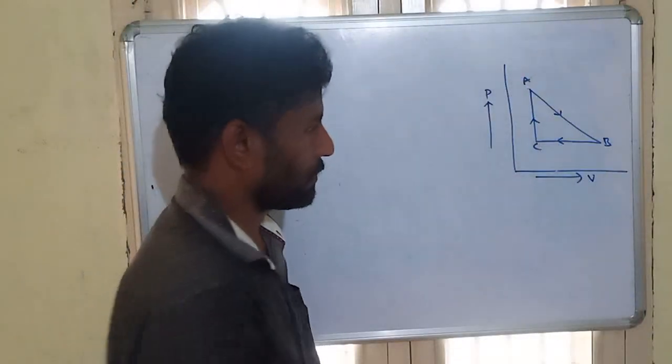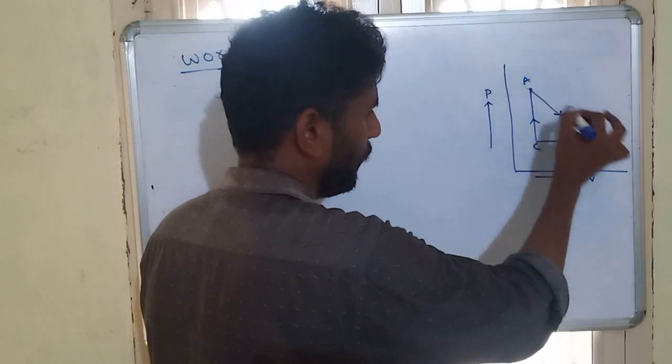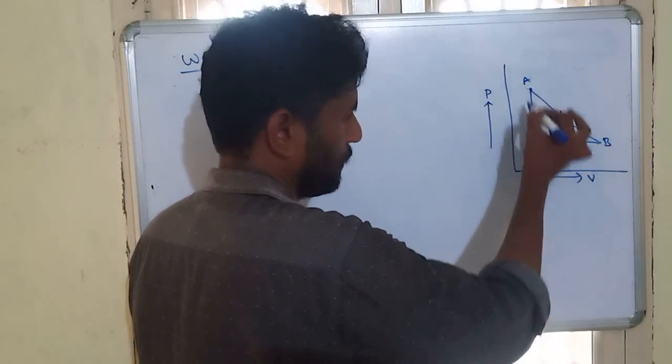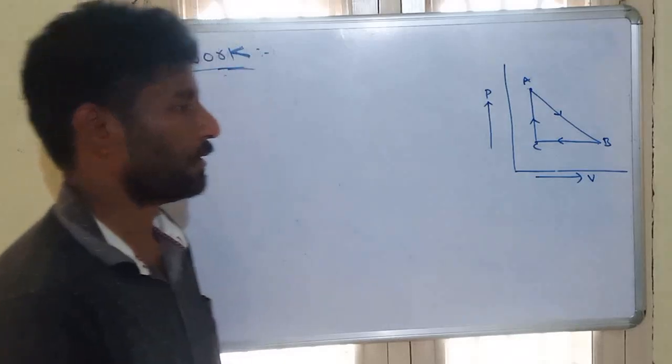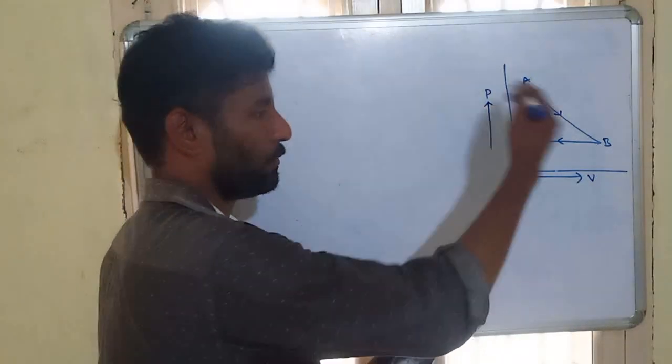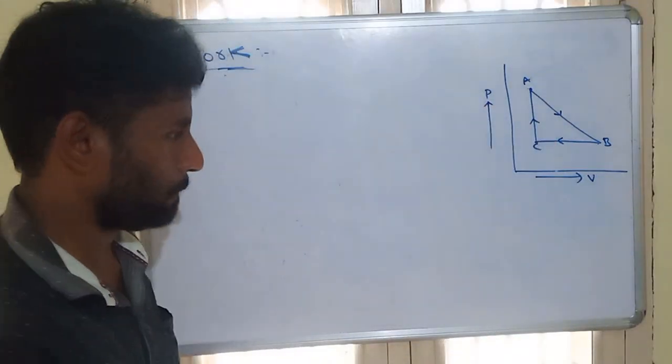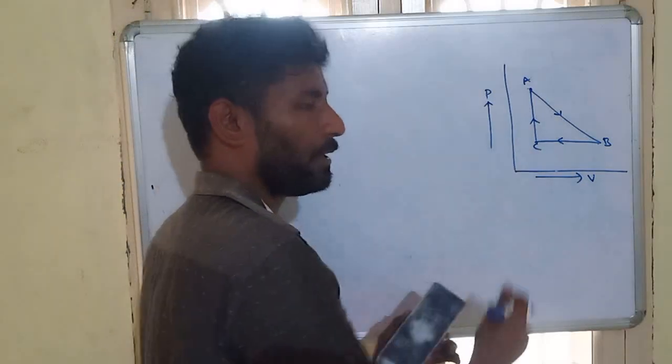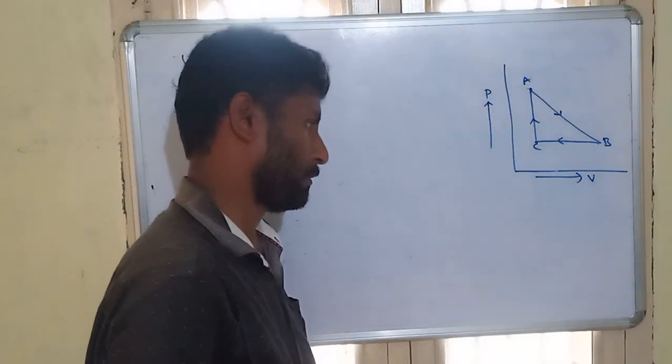It is a cyclic process. The system is transferring from A to B, B to C, C to A. So this is a cyclic process. In this cyclic process, we have to calculate the work done. As I told, the area under the curve will be work done.